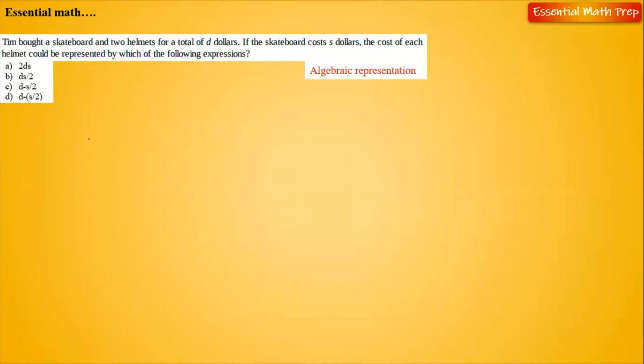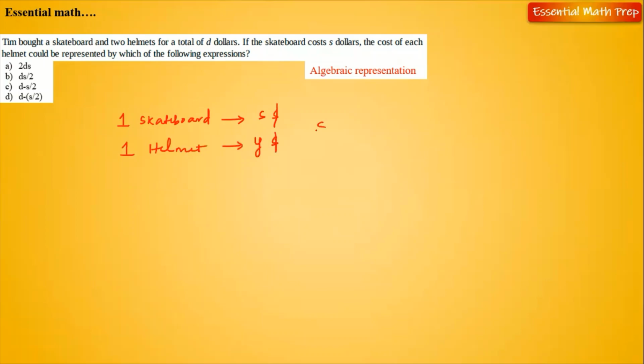Moving on. Tim bought a skateboard and 2 helmets for a total of D dollars. If the skateboard cost S dollars, which of the following expressions represents the cost of each helmet? It's very simple. We know one skateboard costs S dollars, right? Let's for the time being assume that one helmet costs Y dollars.